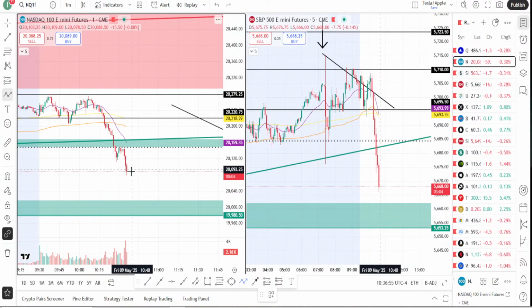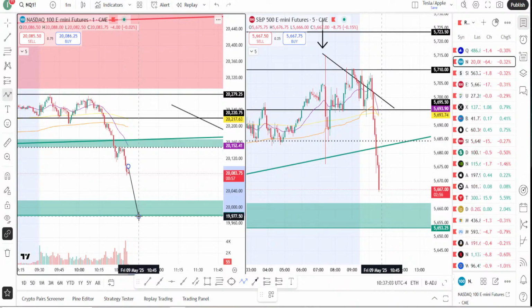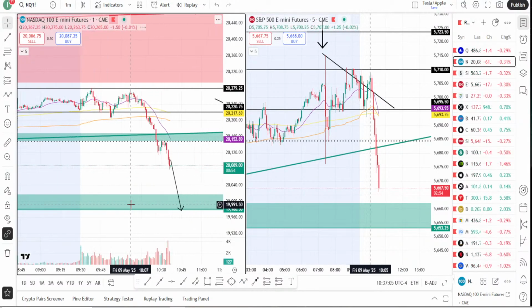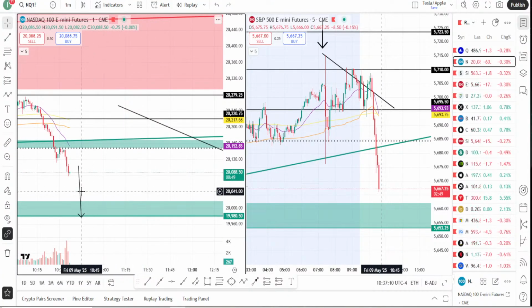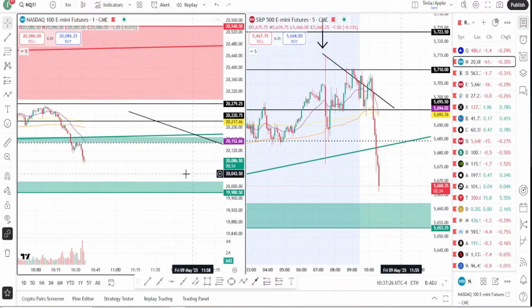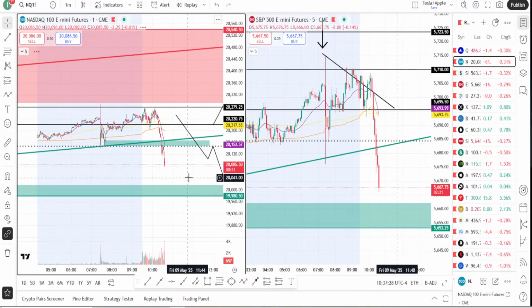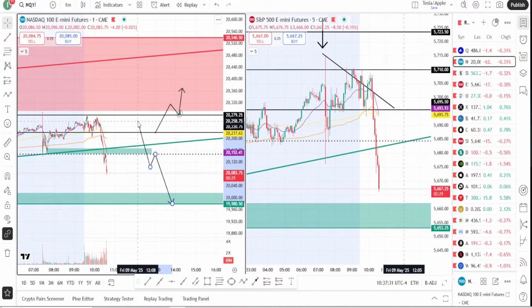I'm expecting price to get down here first, and I'm probably gonna look to buy it here, if we do make it. Not sure what happened with the market as far as the news goes.